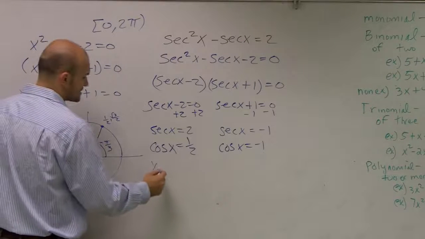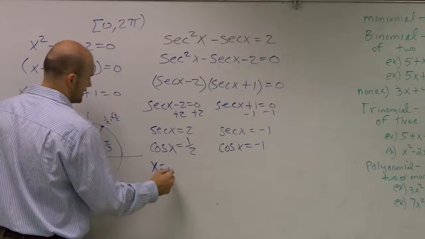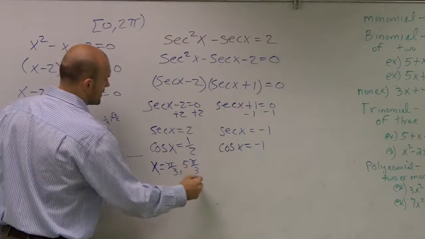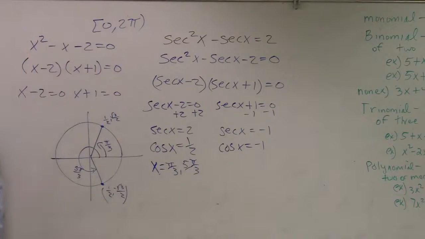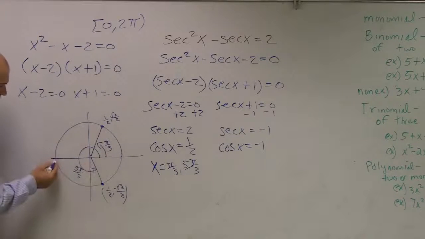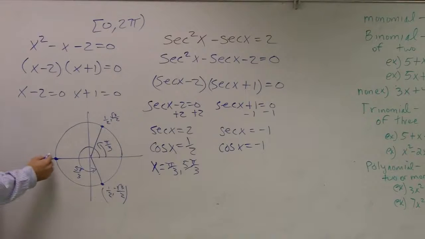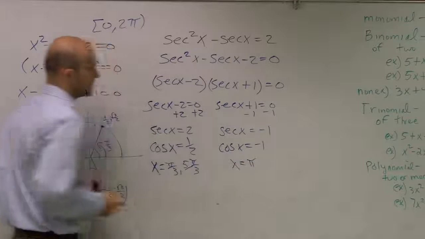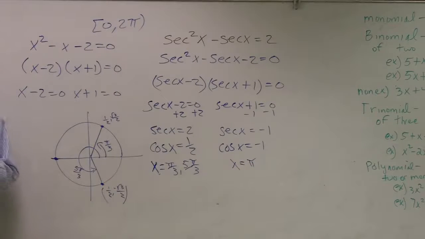So you could say x equals pi over 3, 5 pi over 3. And then where does cosine equal negative 1? Well, negative 1 is only at this point, which would be at pi. It's at pi.